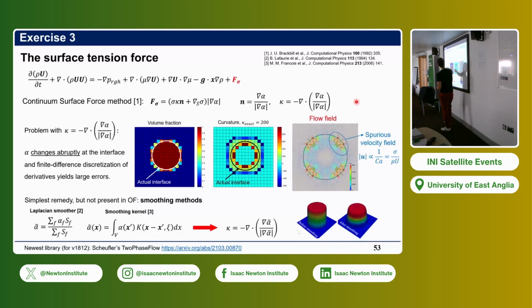But when I calculate the curvature using this method with the gradients of alpha, you would like it to be 200 everywhere, possibly in all the cells. But actually, look at the scales here. It goes from -600 to +800. In the cells cut by the interface, we are in the green-yellow region, so between 200 and 400.